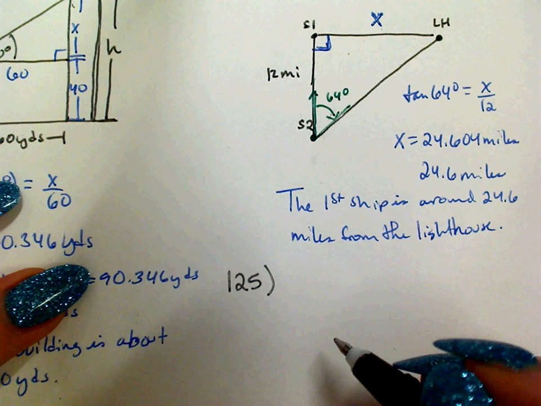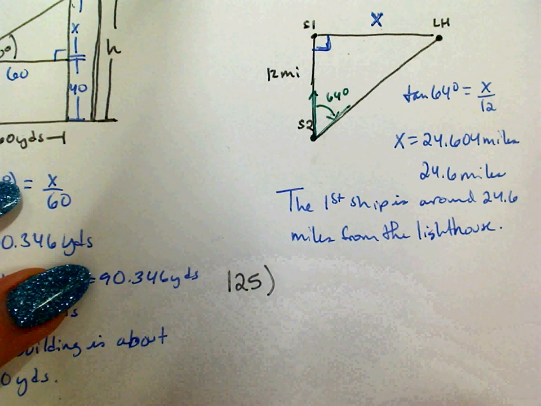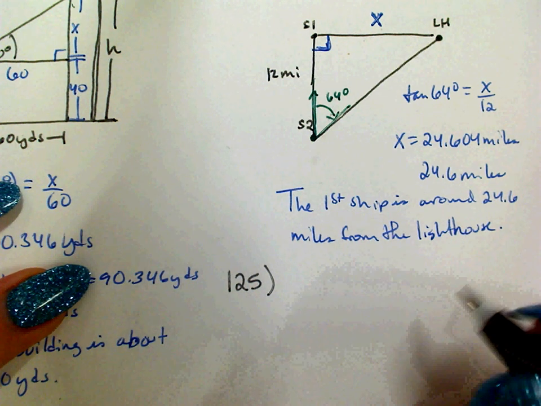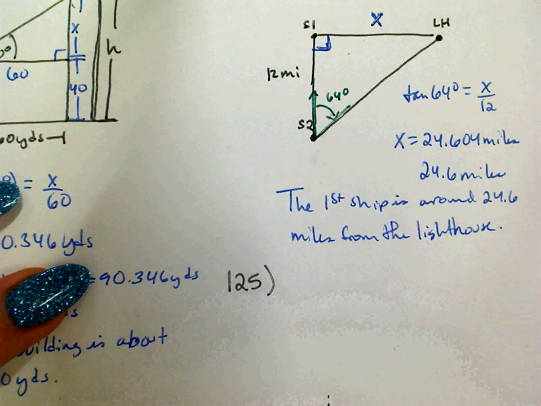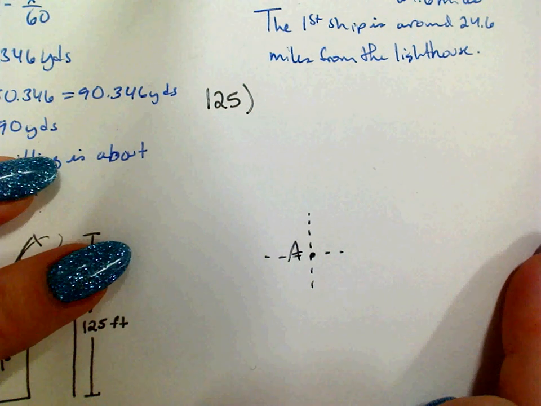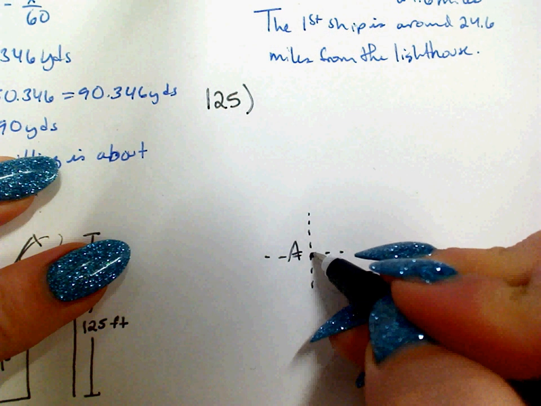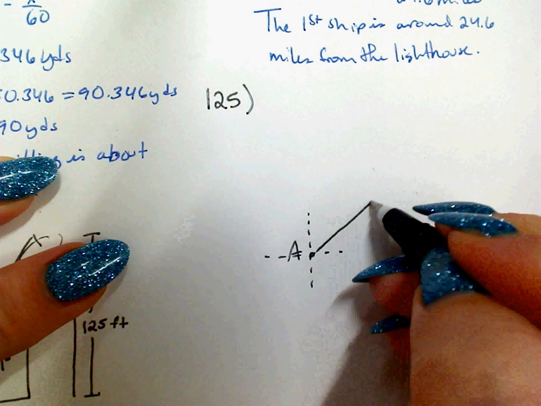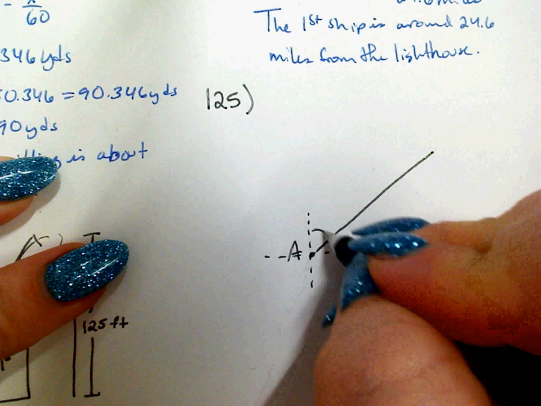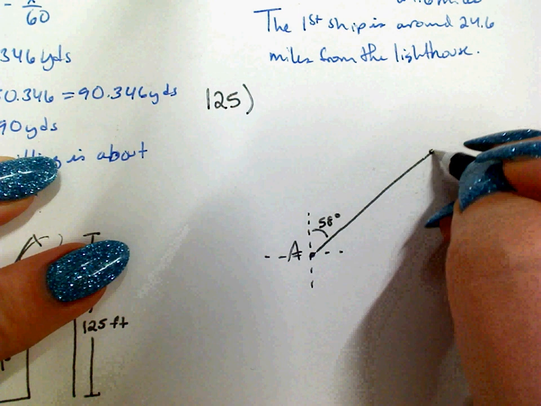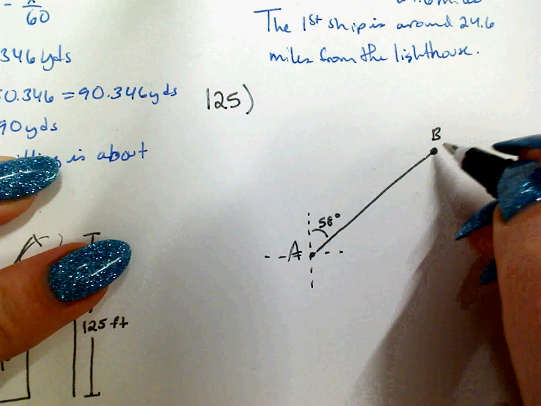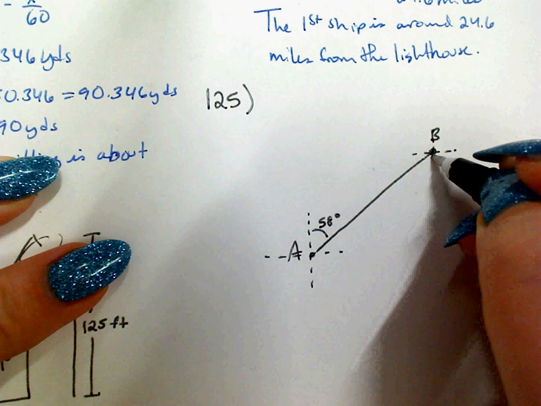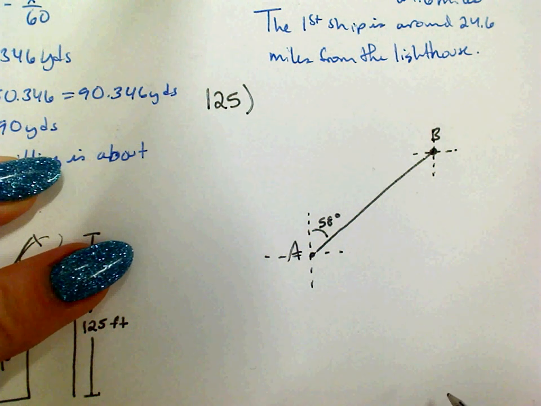So from city A to city B, we're going to travel at a bearing of north 58 degrees east, to city B. That's 850 miles.